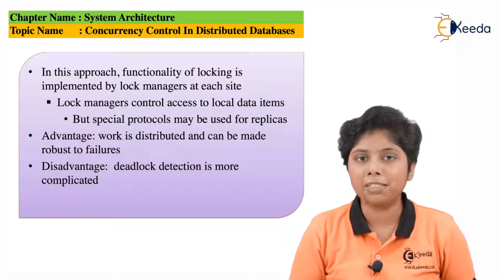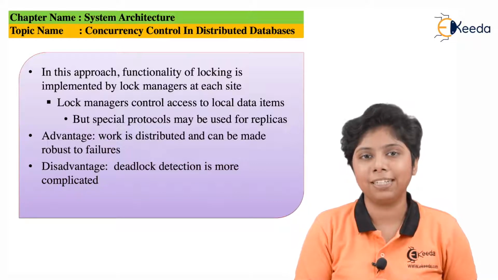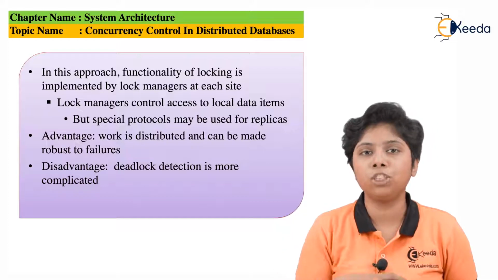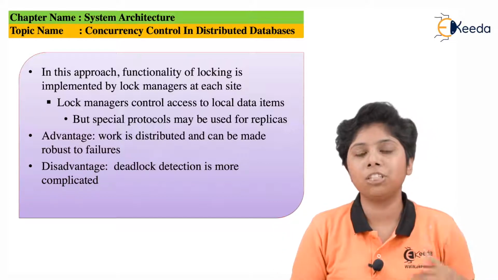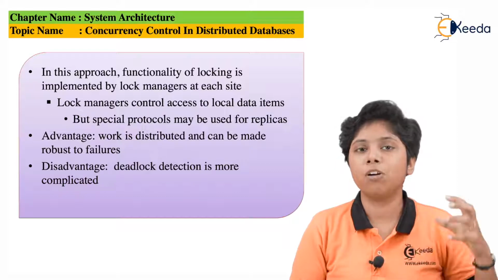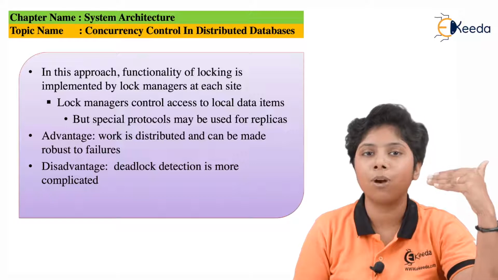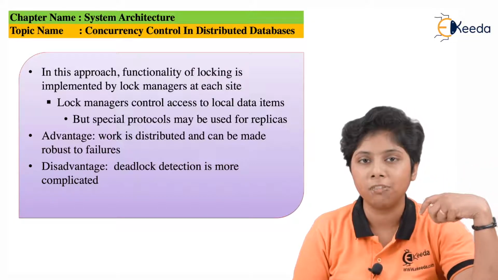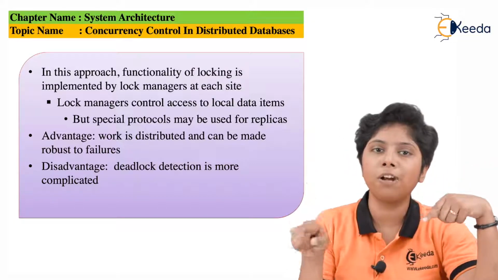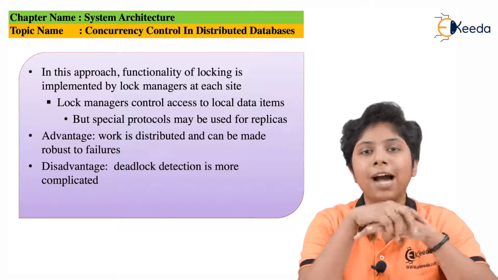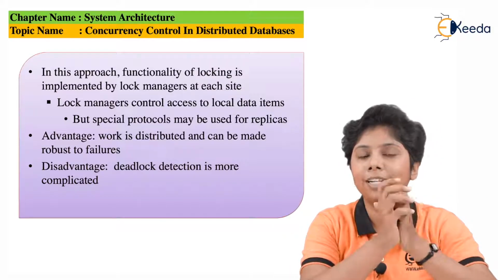But what happens when one wants to write the data? Even if each site has its own local manager that can grant locks, if one replica is to be written, meaning a write operation needs to be performed on a replica, then all the replicas on other sites must also be granted the lock; otherwise we cannot write that replica.